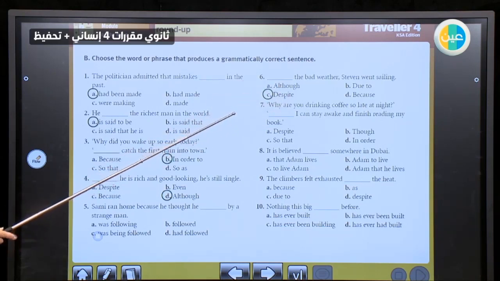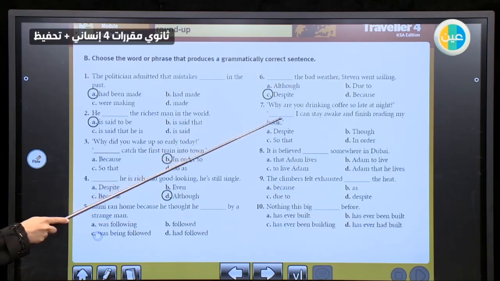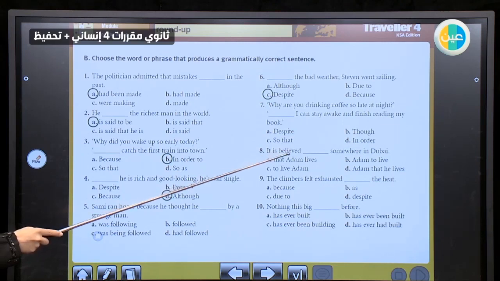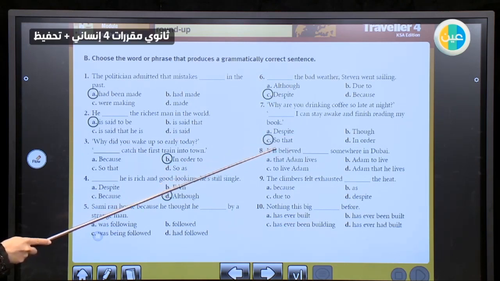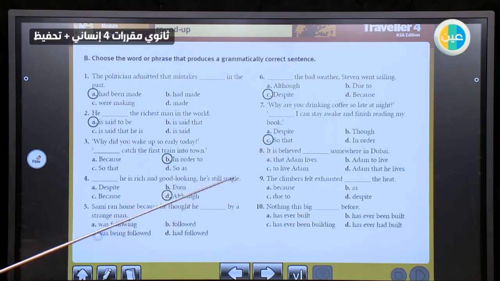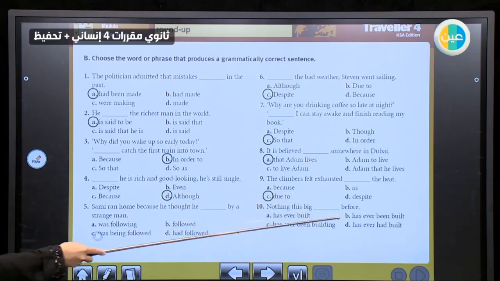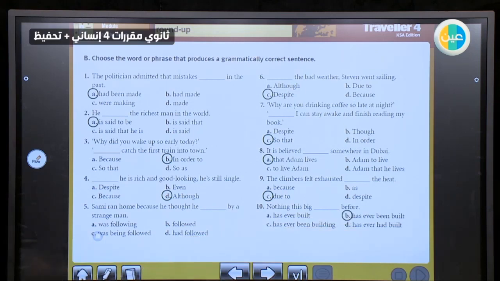Number seven, we have why are you drinking coffee so late at night? Why? What's the reason? So that I can stay awake and finish reading my book. Number eight, it is believed that Adam lives somewhere in Dubai. Number nine, the climbers felt excited due to the heat. The last one, nothing this big has ever been built before.